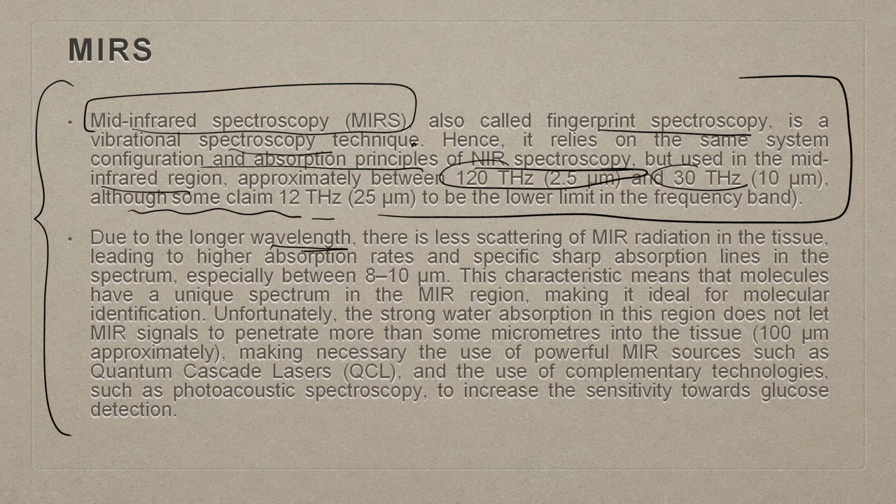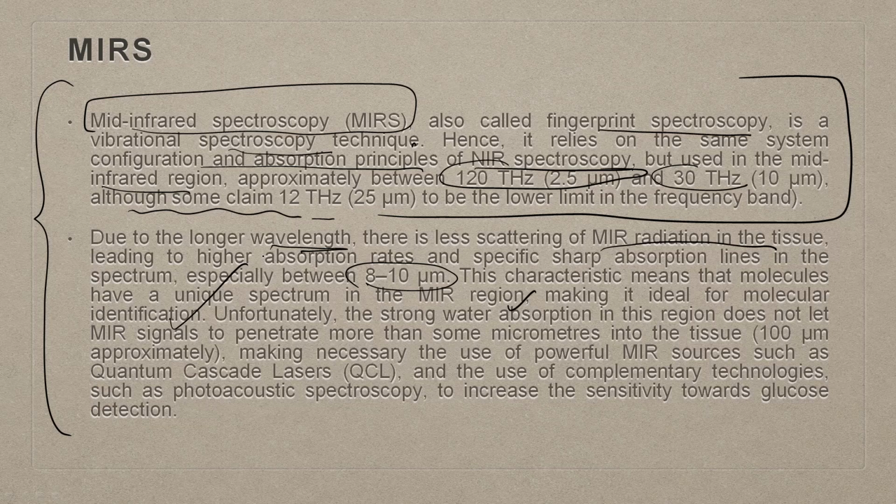Due to longer wavelength, there is less scattering of MIR radiation in the tissue, leading to a higher absorption rate and specific sharp absorption lines in the spectrum, especially between 8 to 10 micrometer. This means that molecules have a unique spectrum in the MIR region, making it ideal for molecular identification.